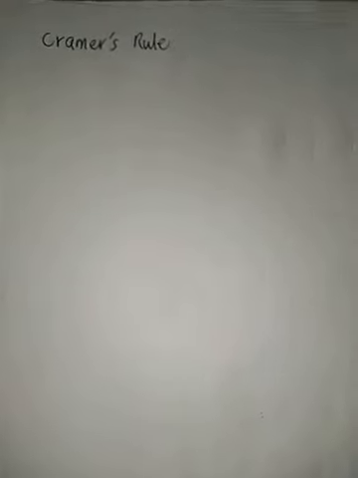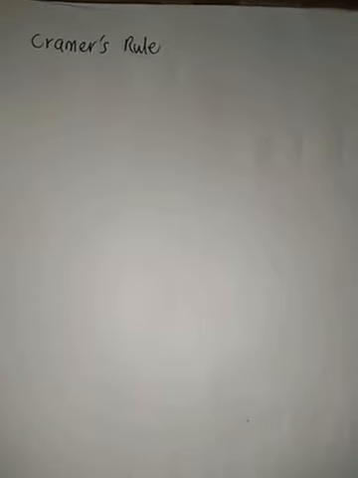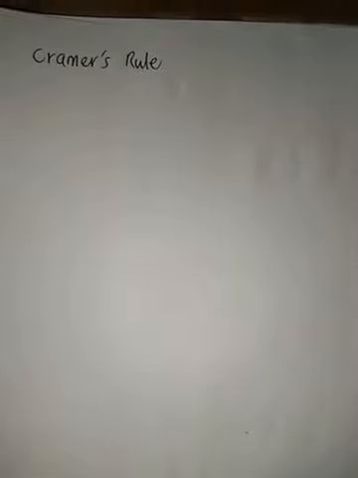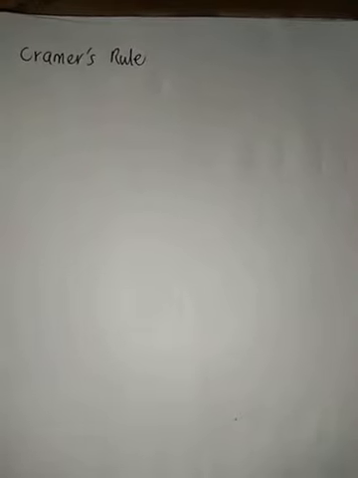Now, let's proceed to the Cramer's rule. So, ano itong Cramer's rule? Cramer's rule is a method of solving linear simultaneous equations. So, when we say simultaneous equations, so let's say we have two equations, then pwede natin gamitan ng tinatawag ng Cramer's rule.